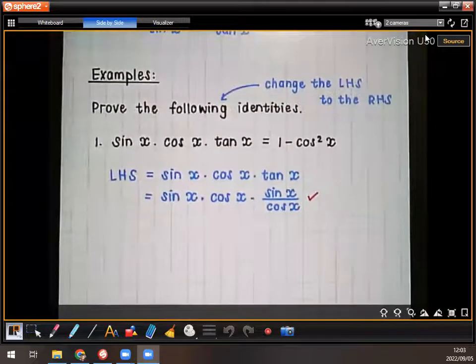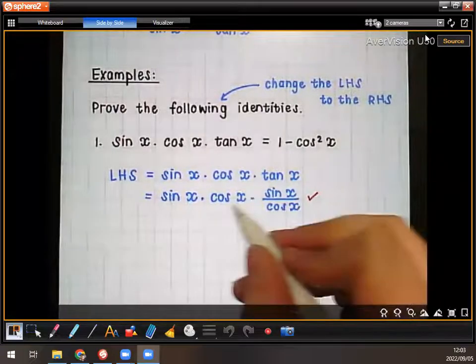We need to keep working on this, guys. We need to do something there so that I can change it to 1 minus cos squared x. So what do you guys think? Just notice that I'm multiplying this all together. There are no pluses or minuses. It's all one term. We have a cos x in that denominator now. Is there a cos x in the numerator that can cancel it out?